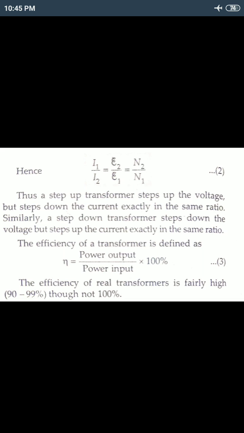There are many ways we can use the transformer. One is as a voltage regulator for TV, refrigerator, and in stabilizers and power supplies. A step-down transformer is used for obtaining large current in electrical welding. In an induction furnace, we use a step-down transformer. A step-up transformer is used for production of X-rays.